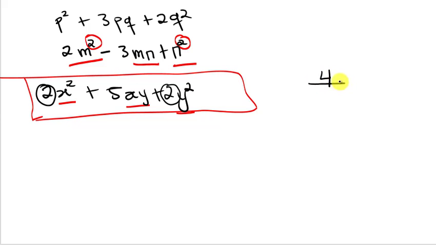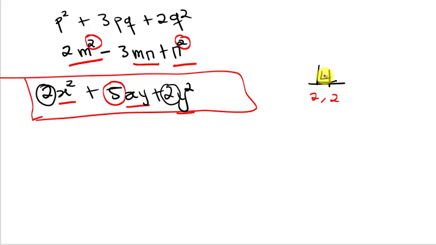You find two numbers in pairs, which are factors of the 4, which when you multiply, you get this 4, but when you add, you get the coefficient of the xy, that is positive 5. So we have two numbers, that is 2 times 2.